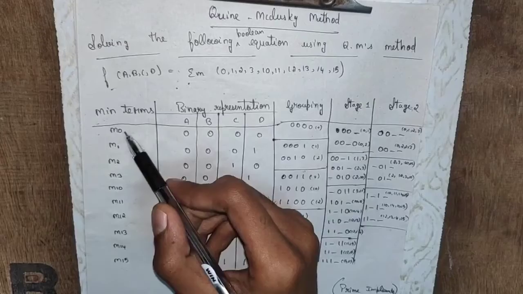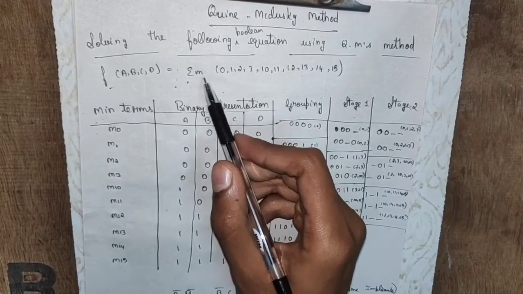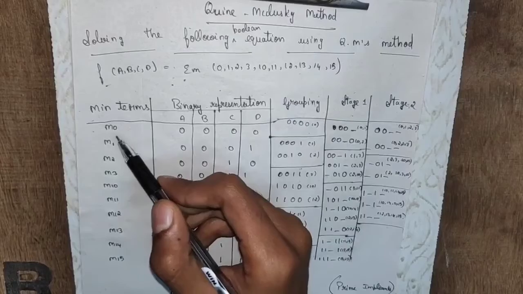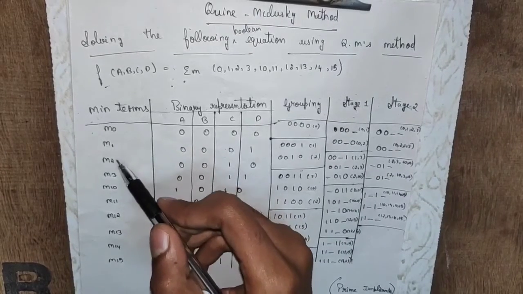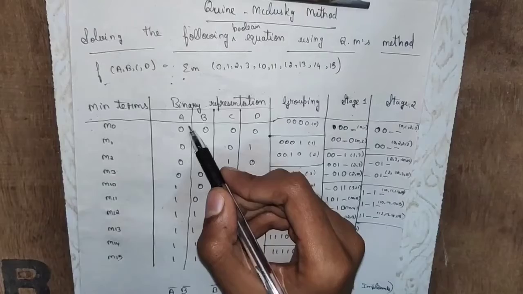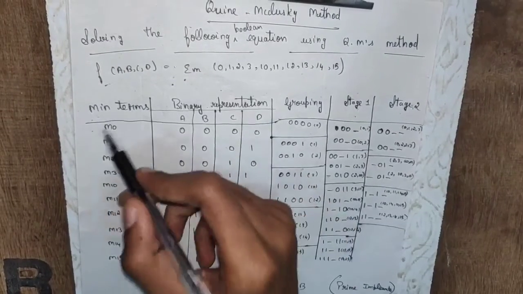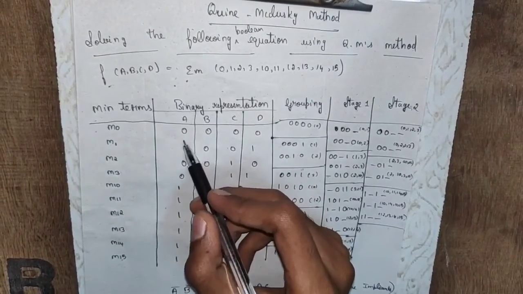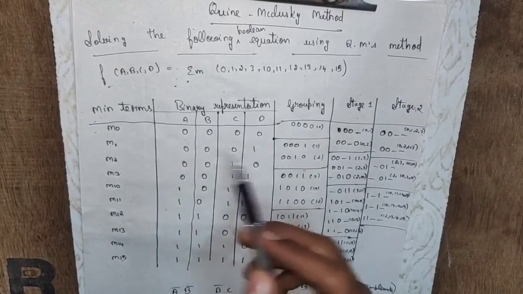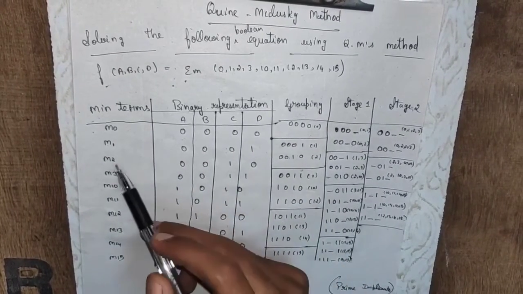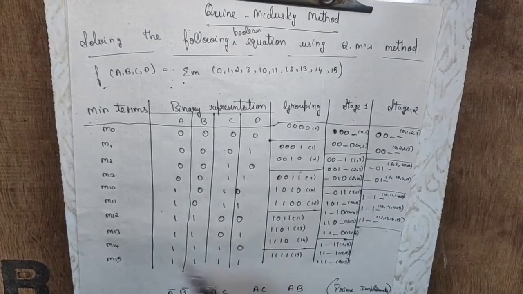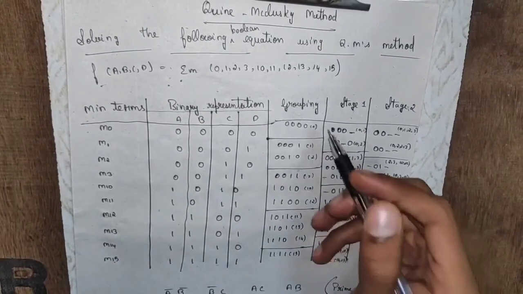As we can see from the question, we have summation of m from 0 to 15. So we need to enter the same values as m0, m1, m2, m3 and so on till m15. So the binary representation for the given minterms can be represented as 0, 0, 0, 0 for 0, 0, 0, 0, 1 for 1, 0, 0, 1, 0 for 2 and so on and so forth till 1, 1, 1, 1 for m15.